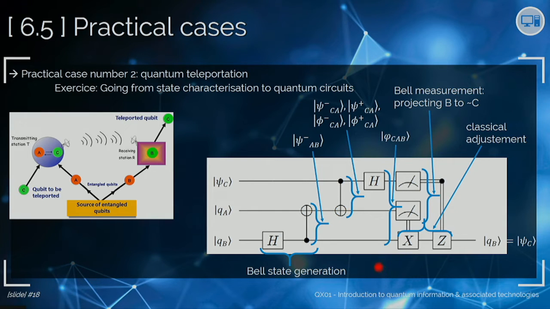A as well, but A was an ancillary protagonist here in a way. So here we go. This is an example of a practical case of how you make teleportation. Quantum teleportation, in that respect, is used a lot in quantum algorithms. You will see in some examples.